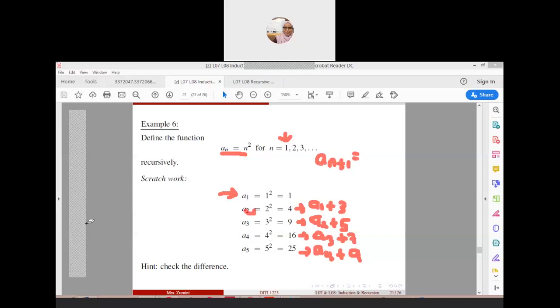Okay, n equal to 2. We use the previous value. The previous value is a_n. So how do we get 3, 5, 7, 9? Okay, we know that our n is 1 now, right? So how can we get 3, 5, 7? This is what we call the odd numbers.